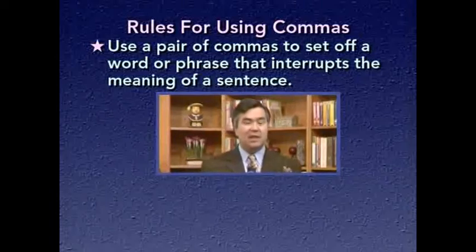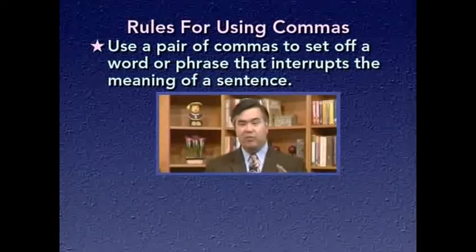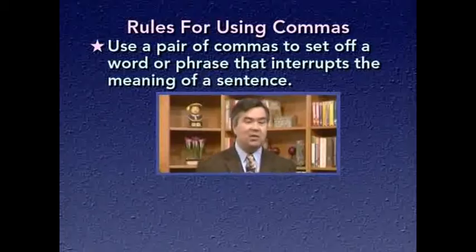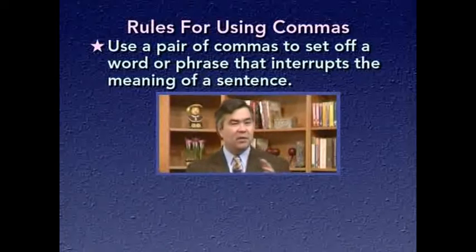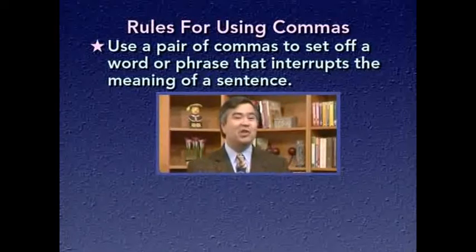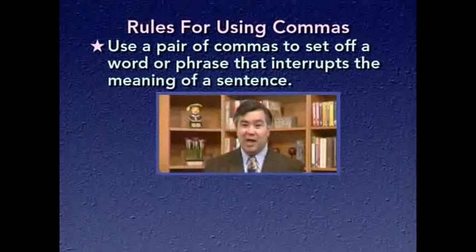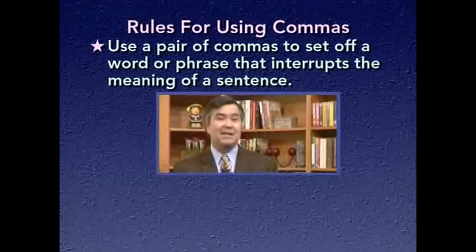We consider this group of words an interrupter, something that breaks into the main flow of the sentence. When you put a group of words like this into a sentence which interrupts the main flow, set it off with commas, a pair of commas, one on either side. That signals to the reader, whoops, here's a little detour, don't get sidetracked, and it makes it easier for the reader to follow the complete meaning of the sentence.